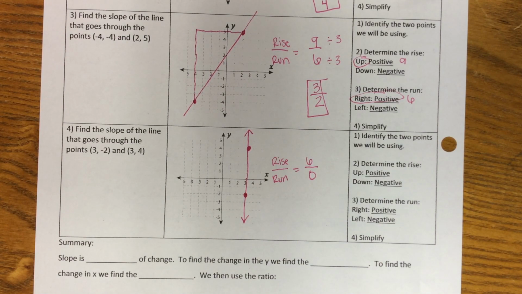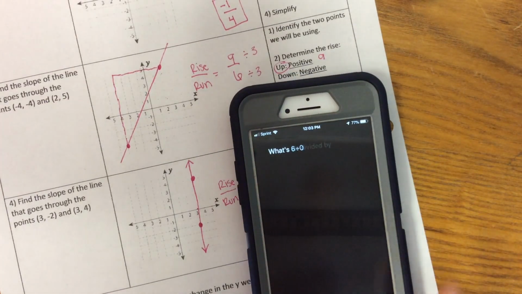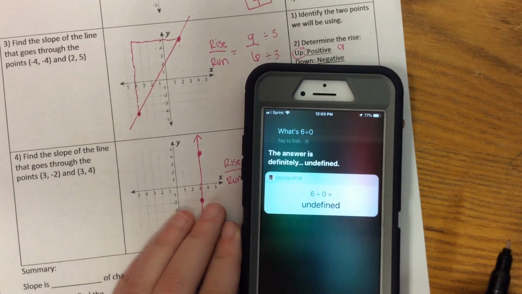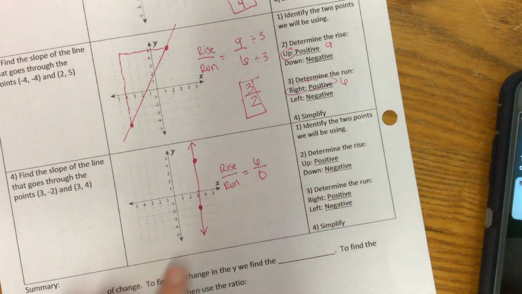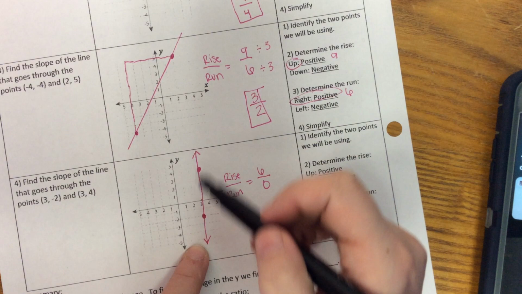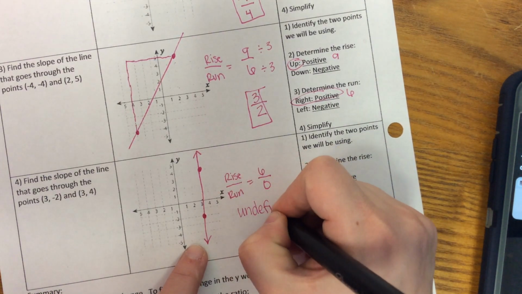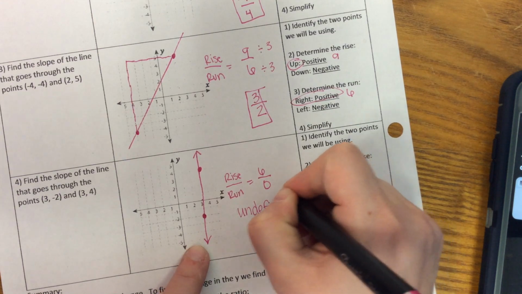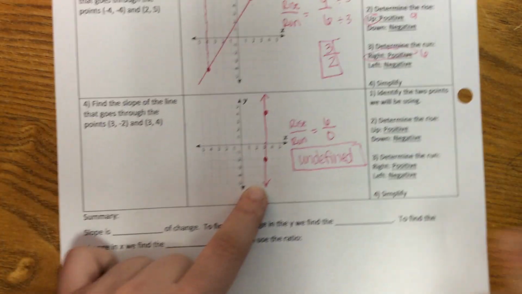If you have a handy-dandy iPhone, you can ask Siri, what's 6 divided by 0? The answer is definitely undefined. We should have known that because it's a vertical line, and a vertical line is undefined. So we should have known that our answer is going to be undefined before we even found it.